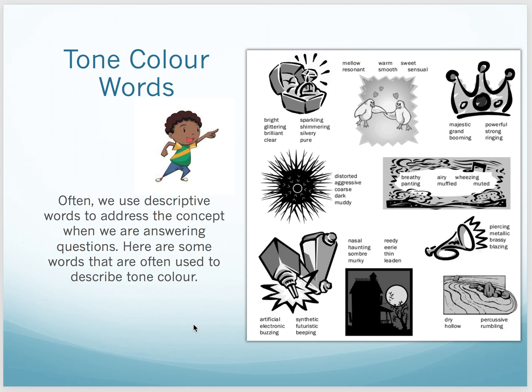So it could be a distorted guitar sounds distorted, obviously, or a trumpet sounds nasal, or an oboe might sound haunting. So these are words we want to have a look at and use. Okay, thanks guys.